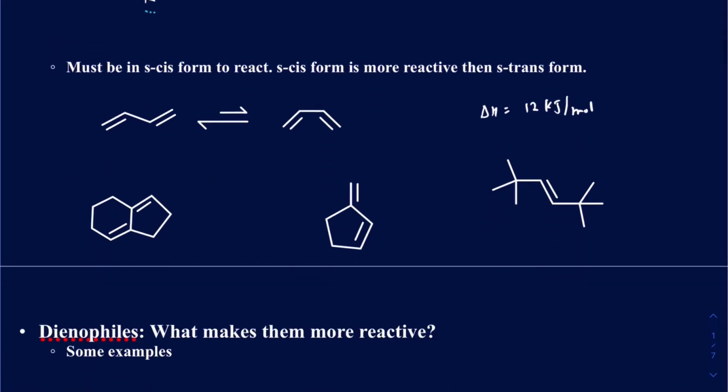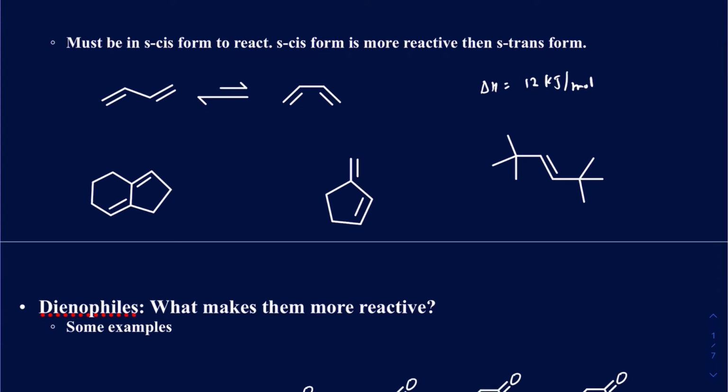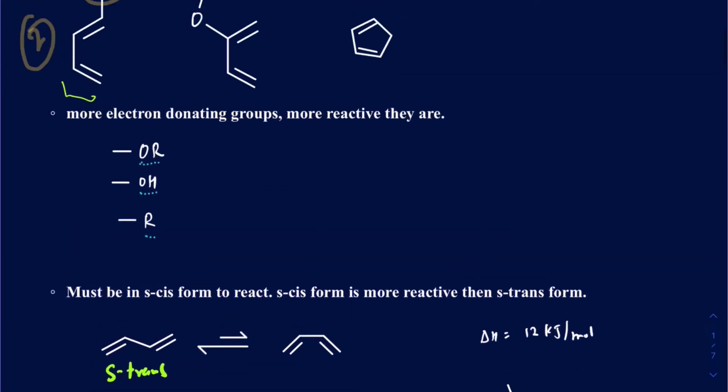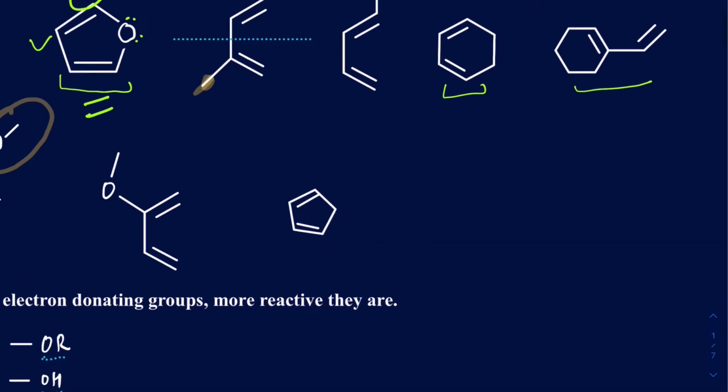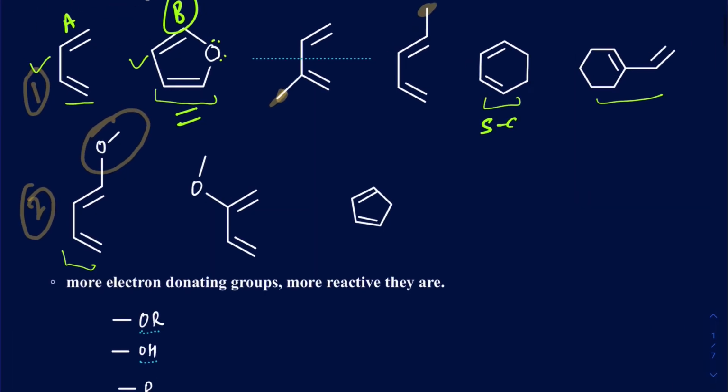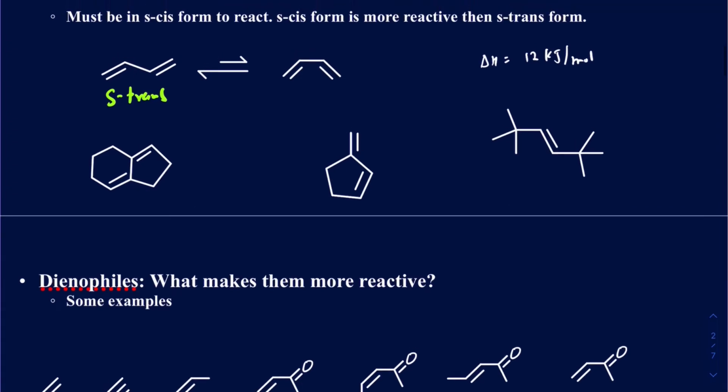So eventually, these guys will exist in an S-trans form to be more stable, except if it's in a cyclic form. If it's in a cyclic form, they're always going to be in the S-cis form. Like this is always going to be in an S-cis form, so that's why this is more reactive. This is in an S-cis form, that's why it's more reactive. But if it's in an open chain, they will exist in an S-trans form, but you want to make those in an S-cis form, and there is an energy cost of 12 kilojoules per mole.